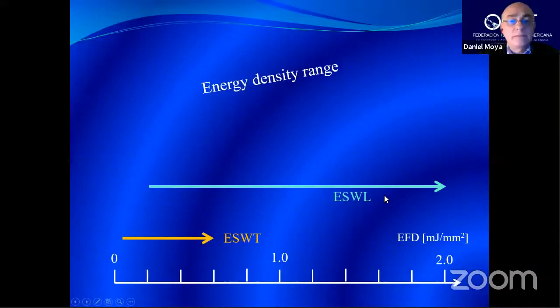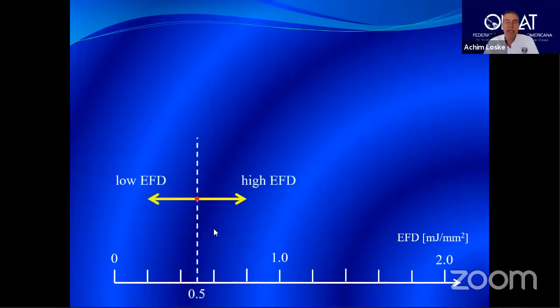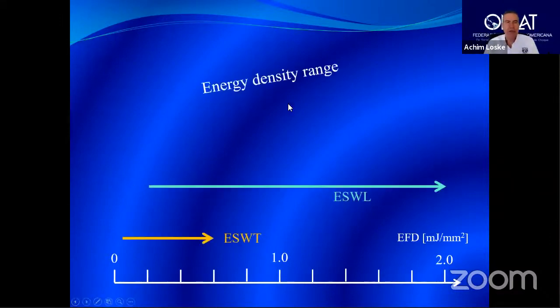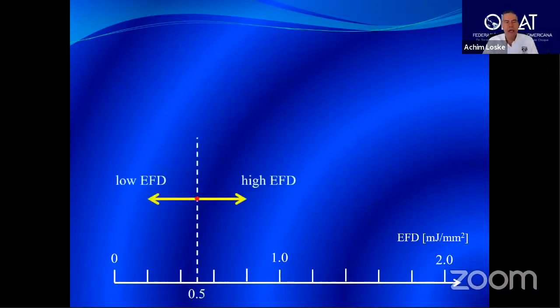Yes, now yes. So in general, this is what is considered to be the energy density range for ESWL and ESWT. Normally, low dose is under 0.5 millijoules per square millimeter, and what we call high dose, high energy, high flux density is above 5.5 millijoules per square millimeter.